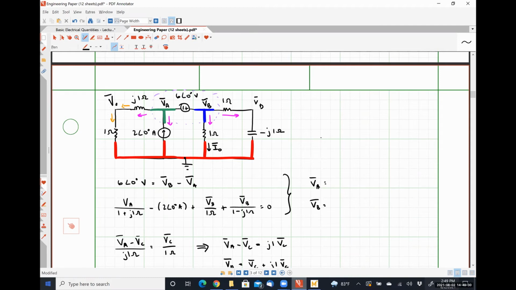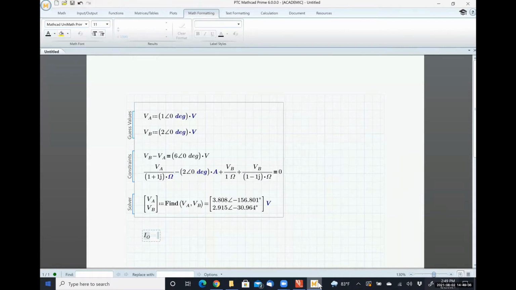Yeah, VB over 1 ohm. So let me do VB over 1 ohm, and it still gives me my answer in rectangular. 2.915 with an angle of negative 30.964 degrees, which is exactly what we got with the other two methods we used.